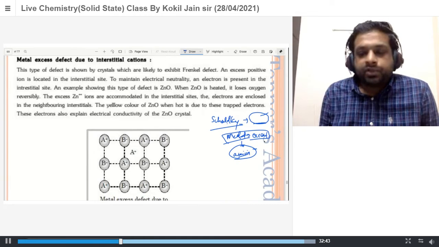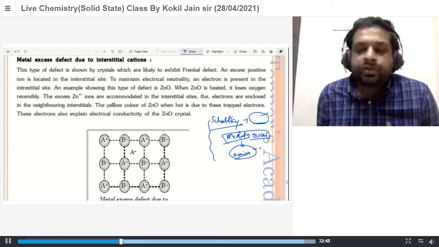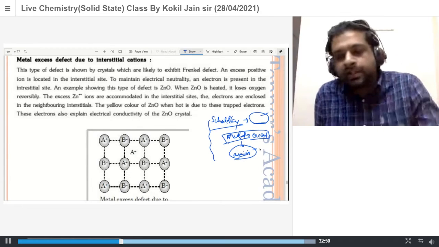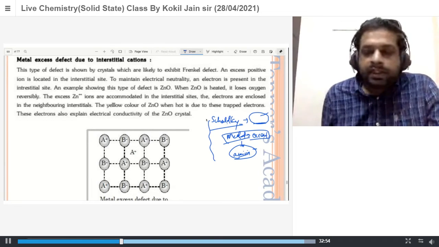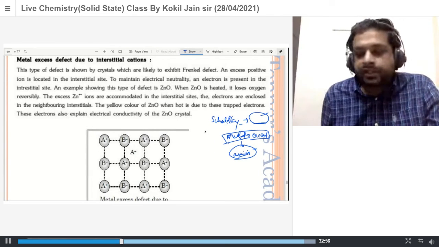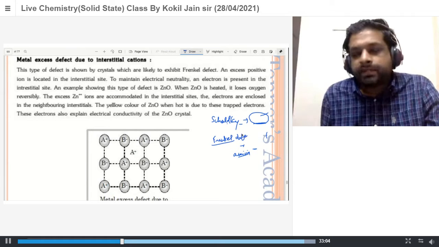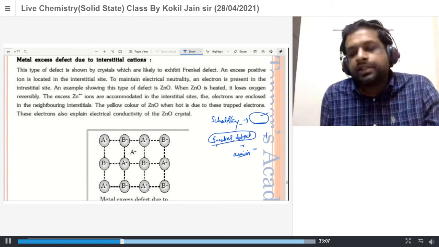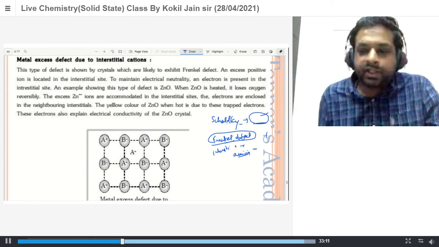Okay, so there was a hole created which a vacancy electron was occupying here in this case. But in case of metal excess Frenkel defect, if you remember, what was happening? There was an interstitial shift of the cation or anion.